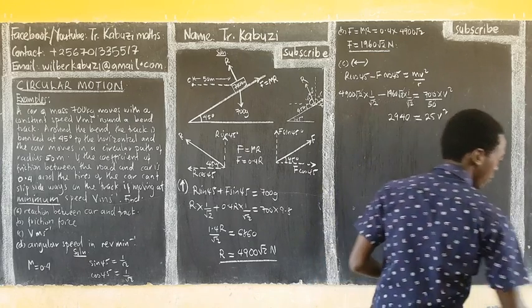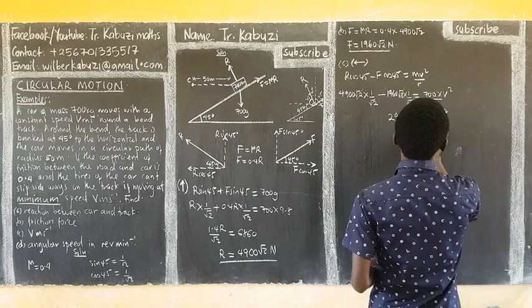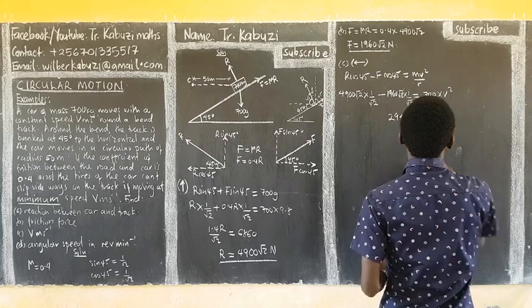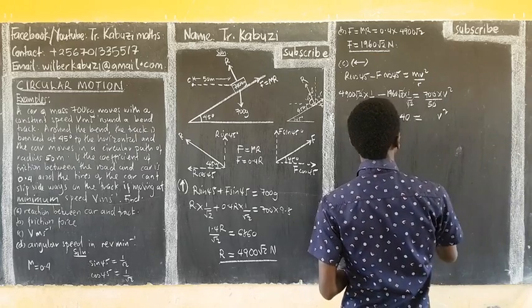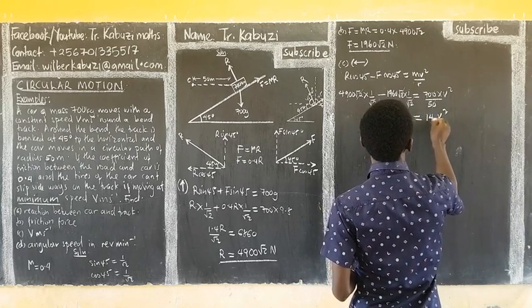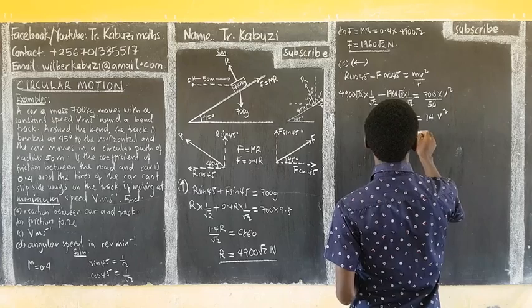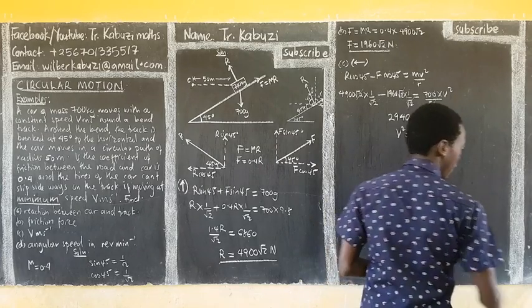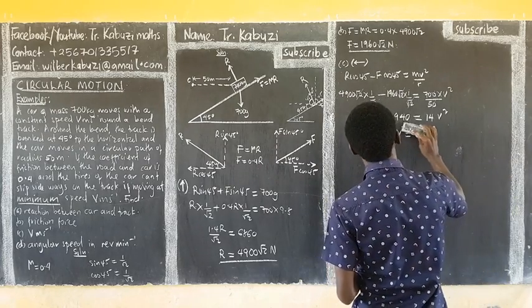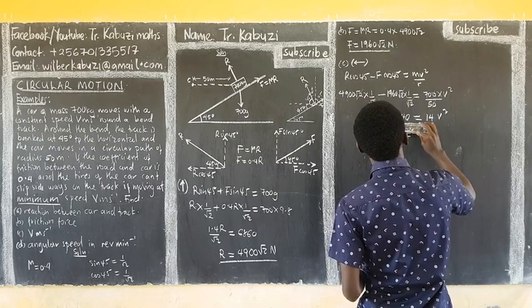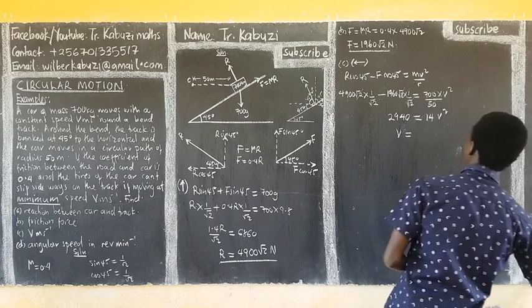Sorry, this is 14. It's 14, so our v squared here is going to be, okay, our v, let me just do that one step. v. We are going to take the square roots.